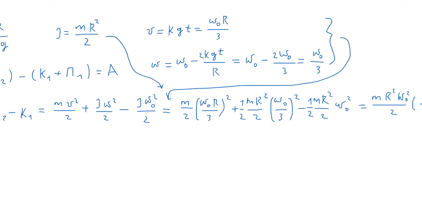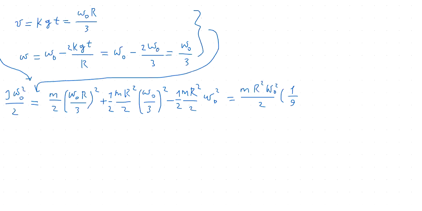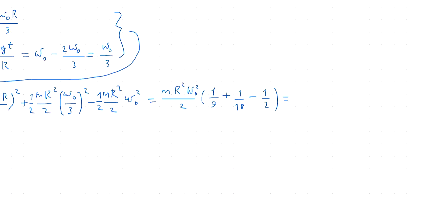So it will be plus 1/18 and minus 1. From here, we have m r squared omega 0 squared divided by 2.